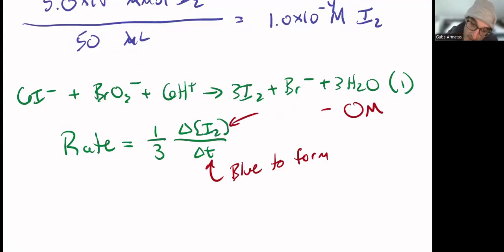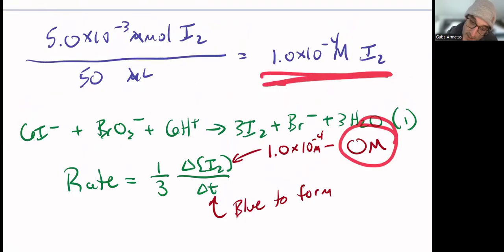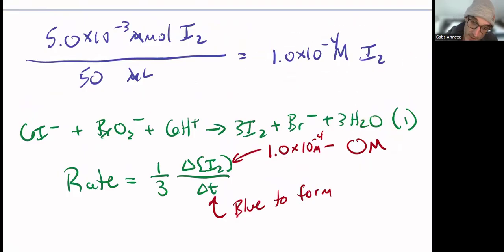But we know that we formed 1 times 10 to the minus 4 molar. Initially, I didn't have any. I know that I ended up with this much. We just did that calculation. So the overall delta is simply going to be 1 times 10 to the minus 4 molar.